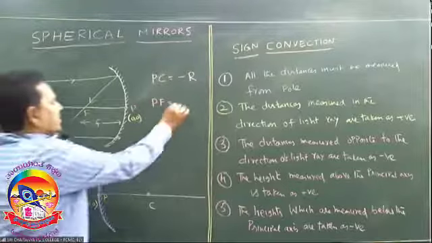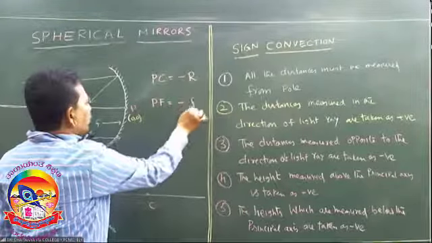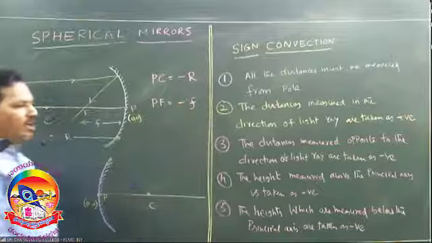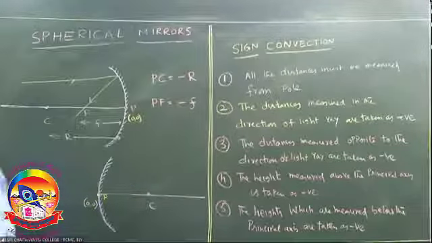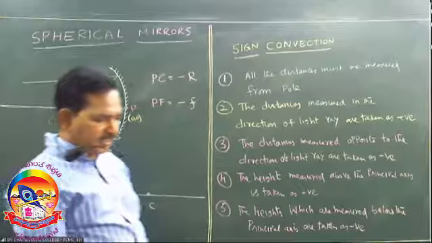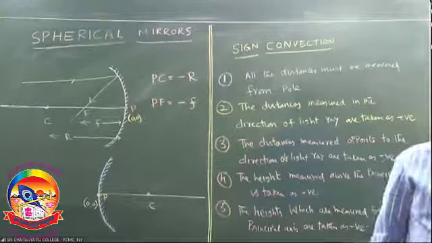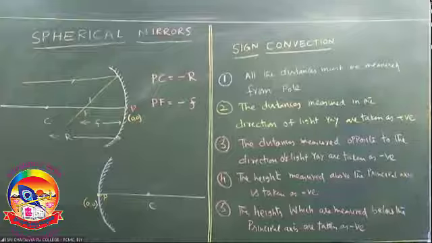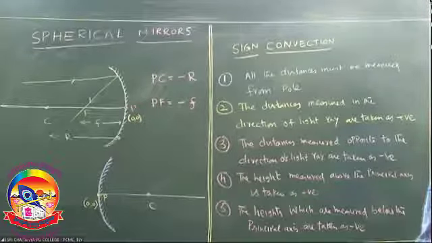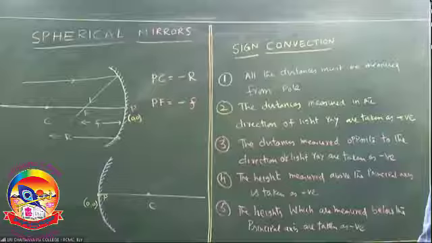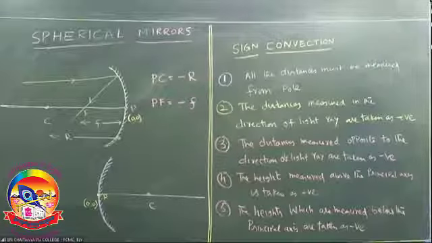So focal length is also negative in case of concave mirror. PC is the radius of curvature, minus R. PF is the focal length, minus F, in case of concave mirror.